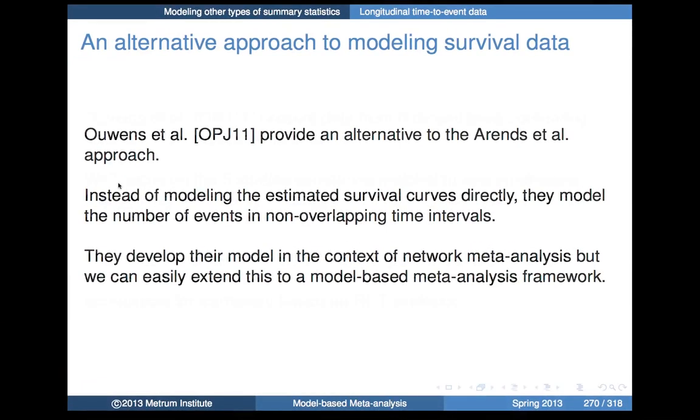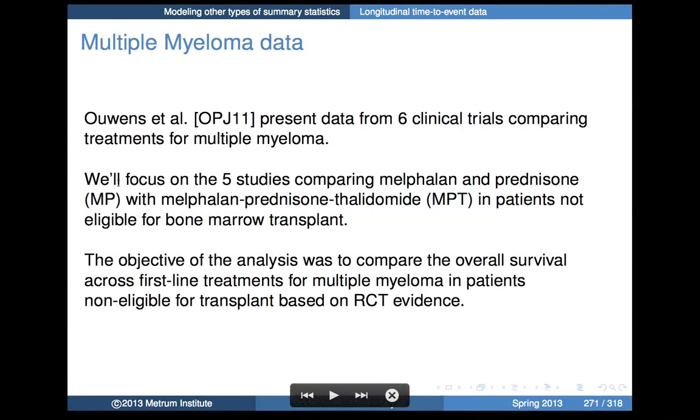And so their approach said, rather than doing what Arends and Dear did, which was model the observed survival times, observed survival functions, and because those are correlated over time, let's take distinct, non-overlapping time intervals that cover the entire span of time in a study, and model the number of patients that have events in those intervals.